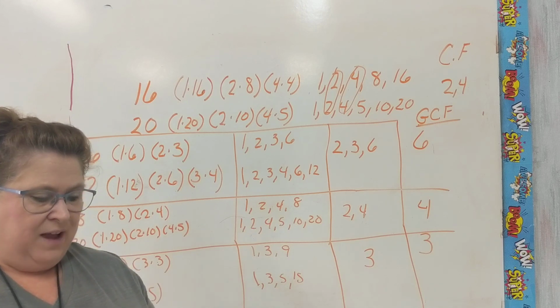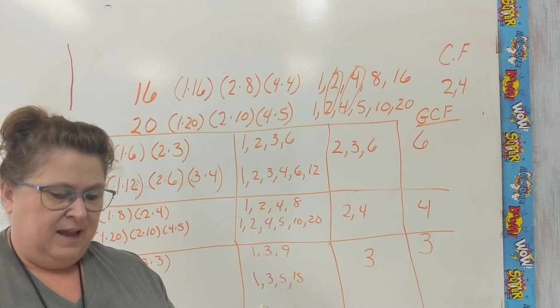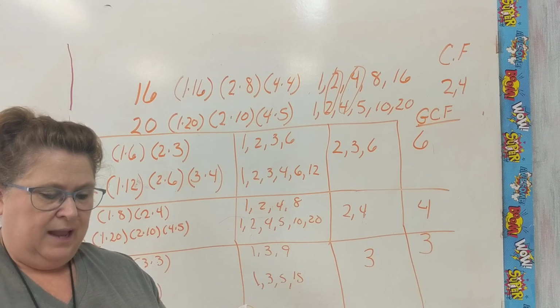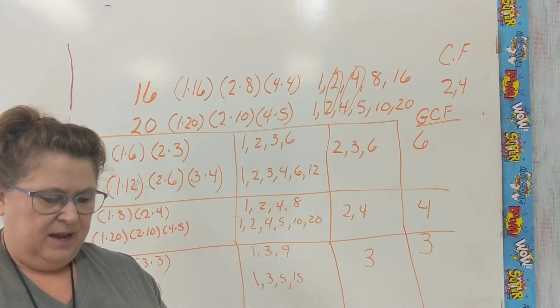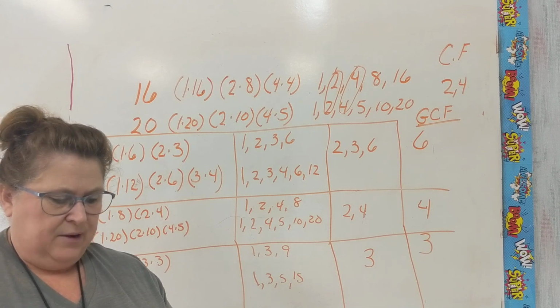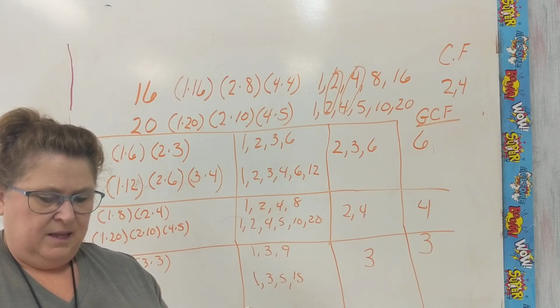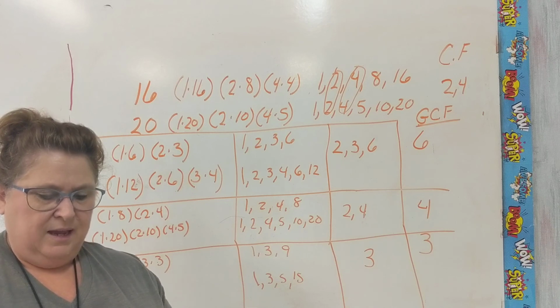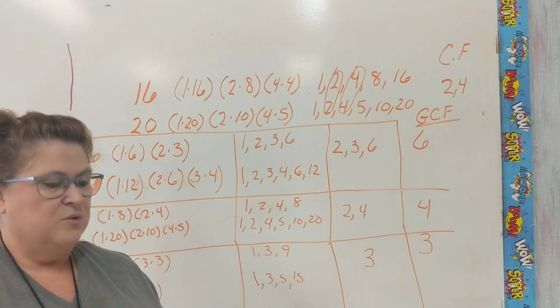Section number 7, find the answers. So I would like for you to do letter A, and I would like for you to do letter D, E, and H.